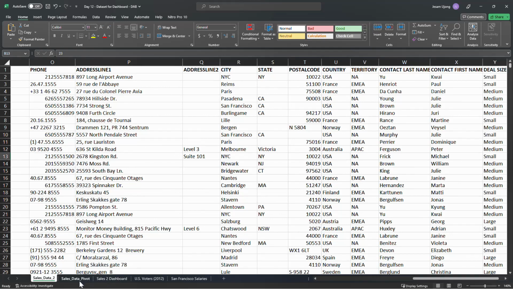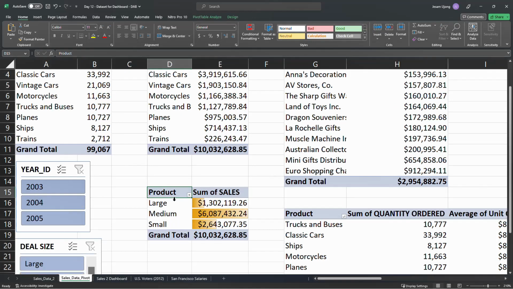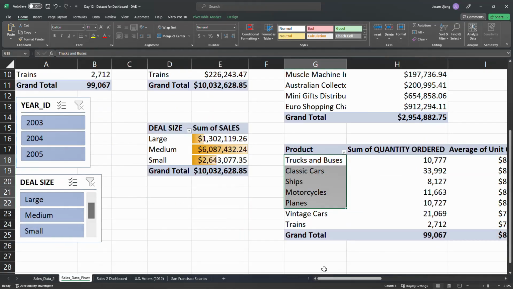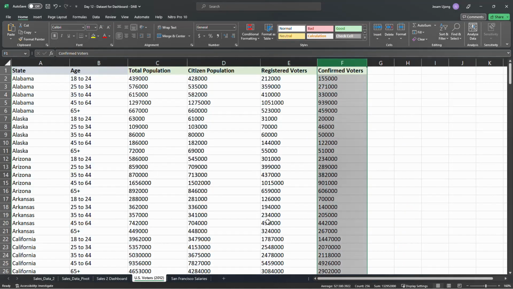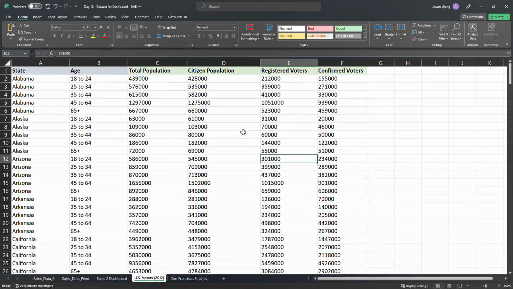This was the deal size. So these are the dimensions, and the sums and the counts are the measures. Okay, just putting some nomenclature to things.